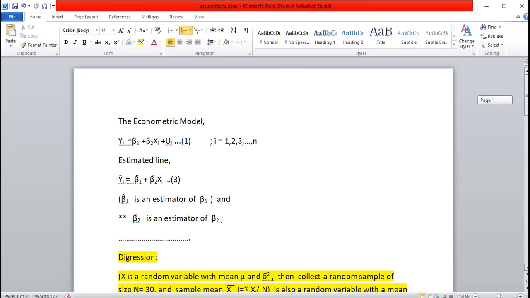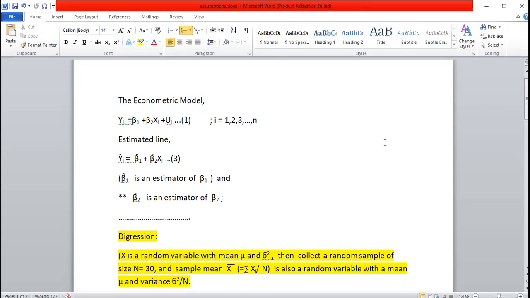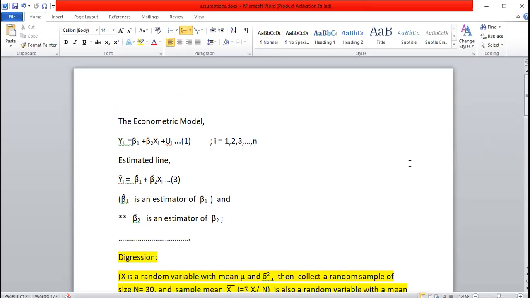Yes, Professor. So demand depends on what? Price, and what else? Income. So if you write a model like this, ignoring income, have you included all important variables that determine quantity demanded?